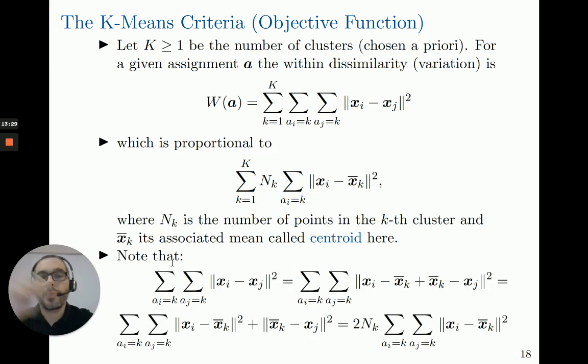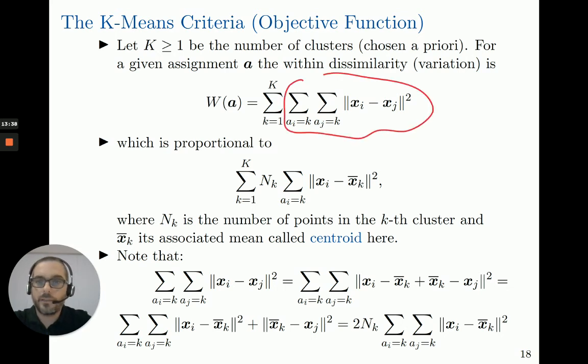Then we can show, with some algebra, that this term will be 2 times the number of points in a cluster times the distance between each point and the centroid of that cluster, with the respective summations.